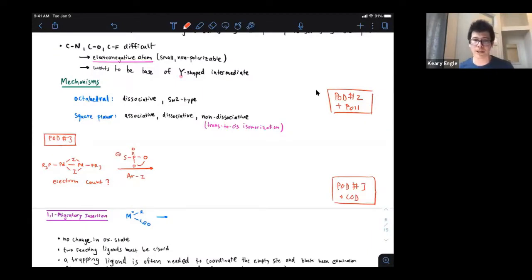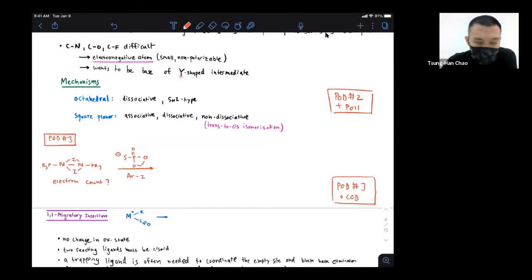And palladium in what oxidation state? +4. Okay. And then what would happen? So I'm not sure, but I think the complex will become more crowded, so the tin is tend to be released. That's what I think. Okay.